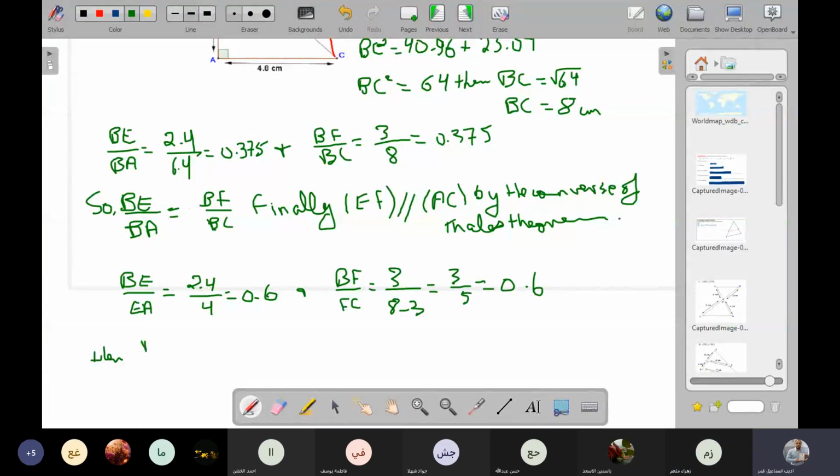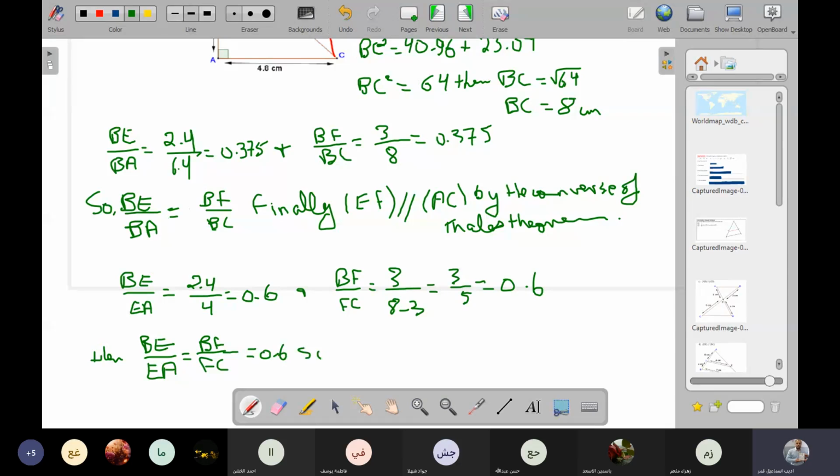Then BE over EA equals BF over FC, equal to 0.6.